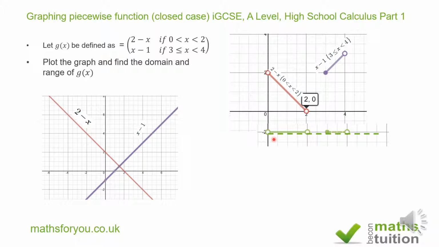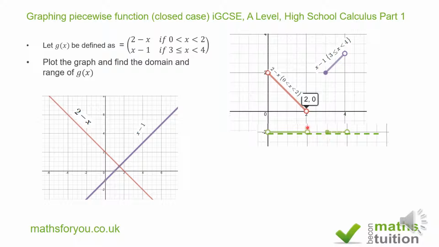So this will be the projection of the graph of 2 minus x, where x is greater than 0 and less than 2. And similarly, we've got the projection of the purple graph onto the number line there, where x is greater than or equal to 3 but less than 4.